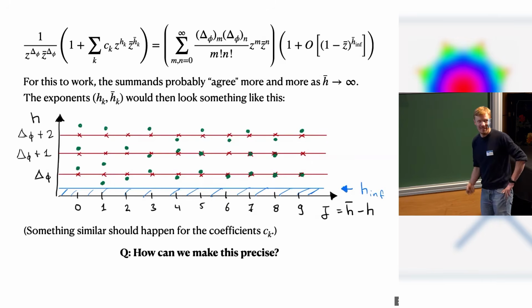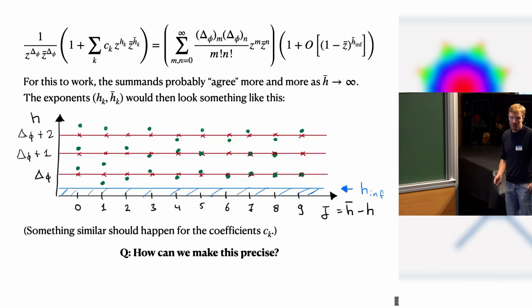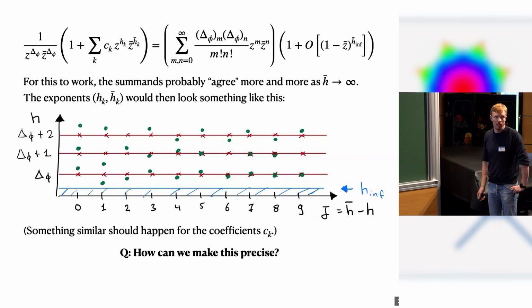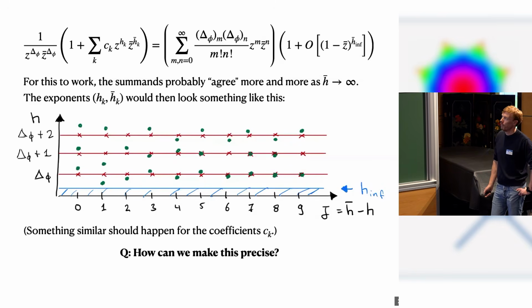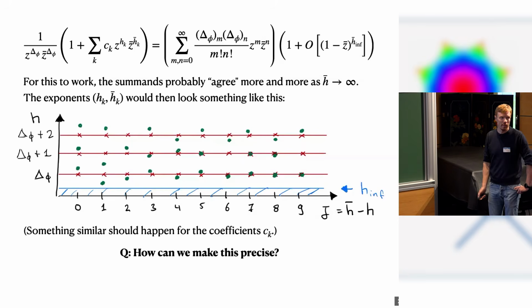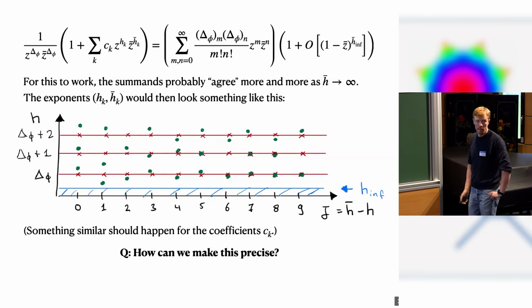You can get all kinds of interesting limits and corresponding, at least naive, predictions for what these coefficients must do in that limit, and whether those predictions can be made precise. That is an open question in many limits, I think, but in certain limits we, of course, know.